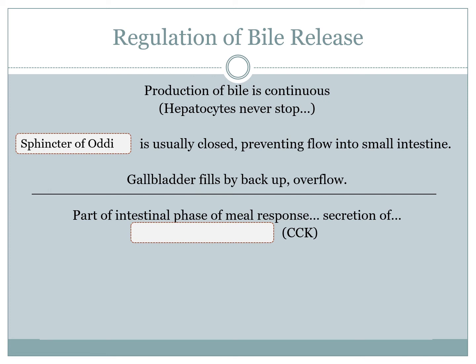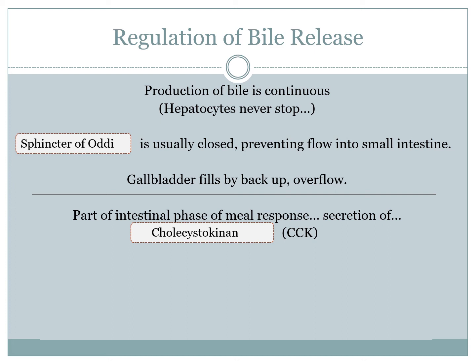And the sphincter of Oddi is generally closed unless it's stimulated. The default of the sphincter of Oddi is it's always closed. Now, since it's always closed and there's always bile being produced by the hepatocytes, there's a backup in that ductal system so that the gallbladder will fill because of the overflow.